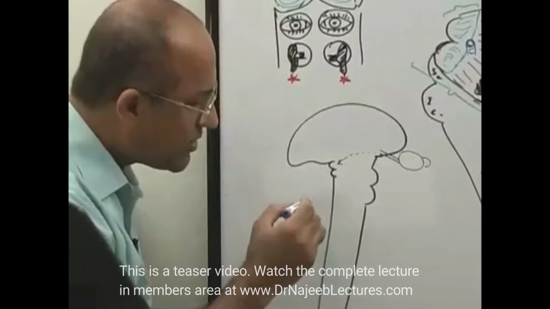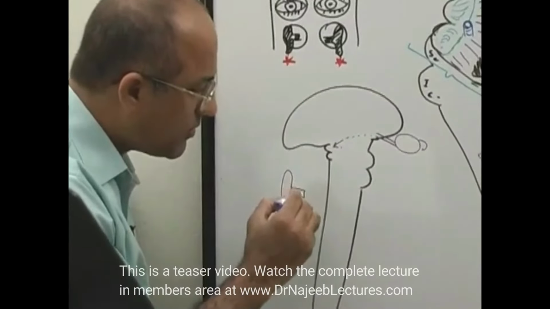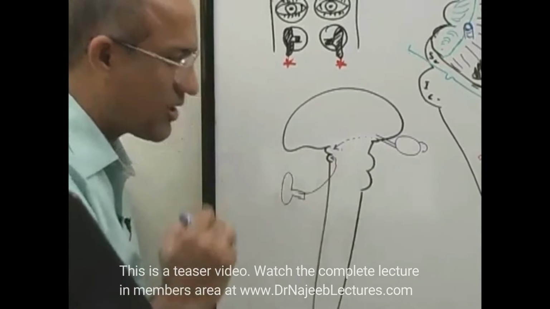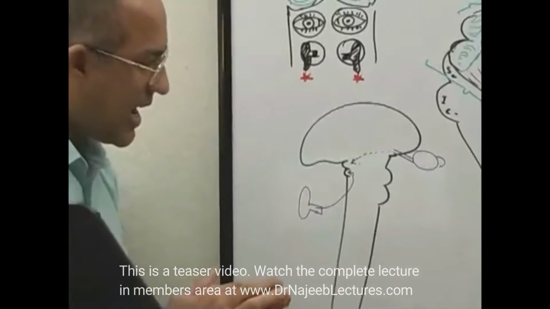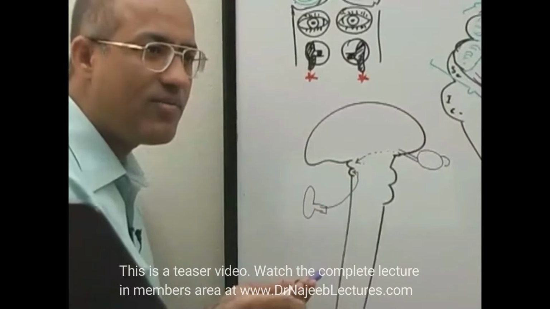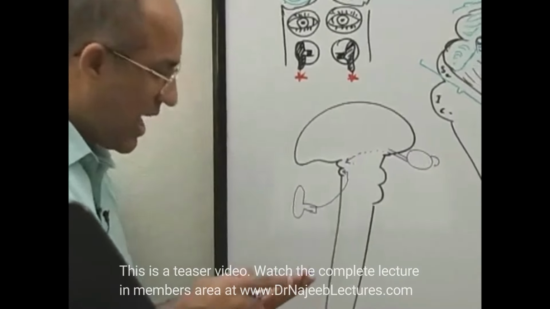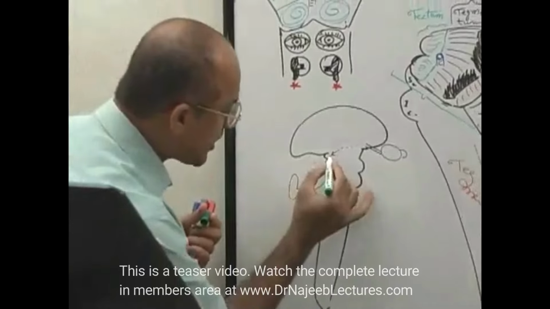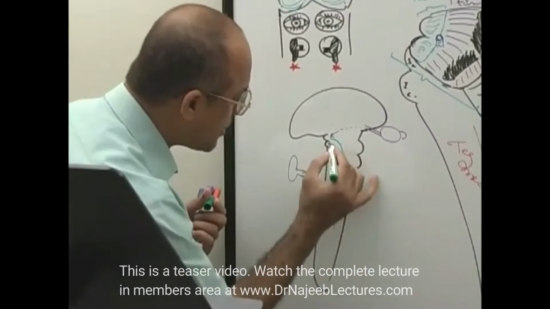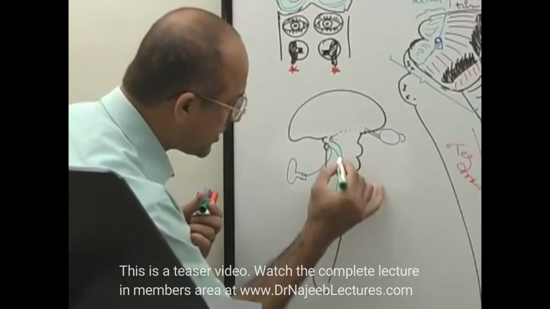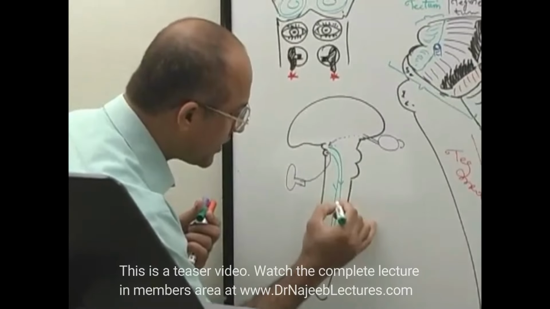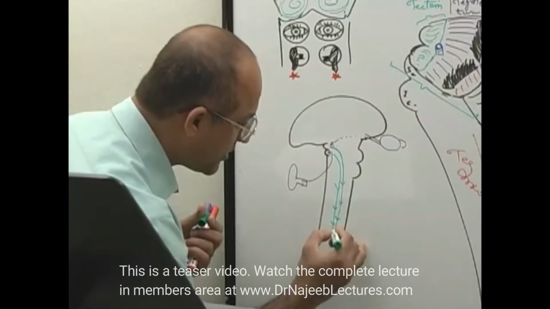And inferior colliculus should be connected with what? Auditory system. Is that right? And both colliculi are present in the tectum. And from here, the fibers will come down, from superior colliculus and inferior colliculus. Are these descending fibers or ascending fibers?